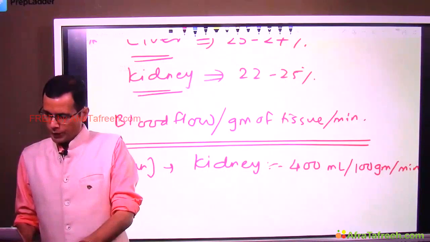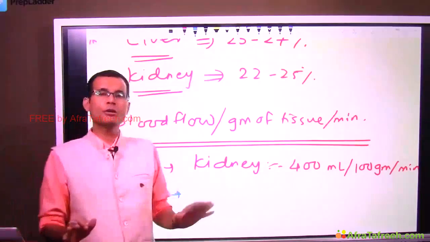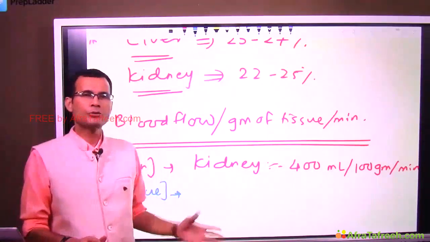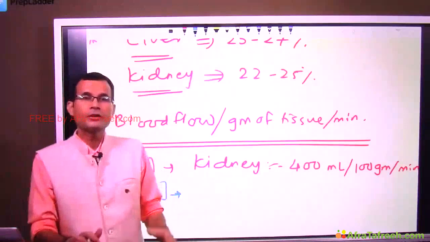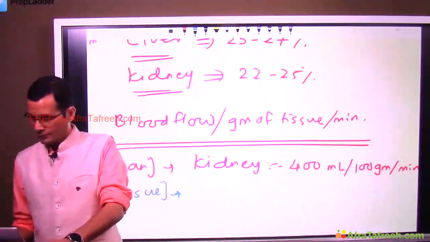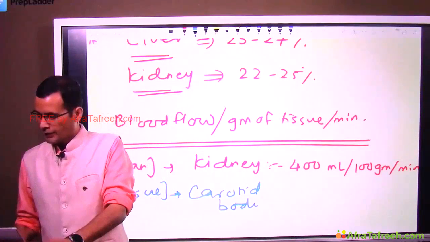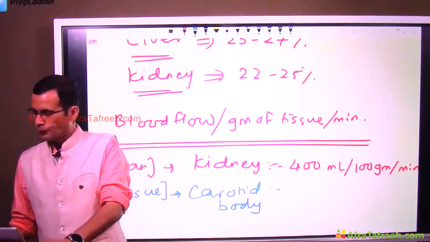But if they are asking about any tissue in the body, not organ, any tissue in the body, then there is no match for carotid bodies. Carotid body has a massive blood flow.